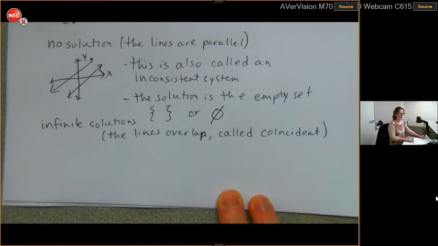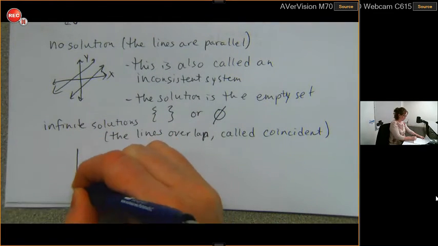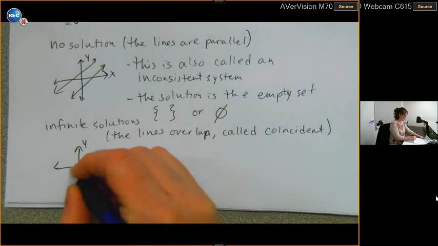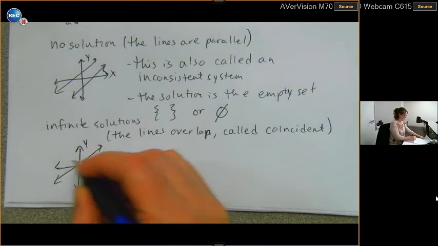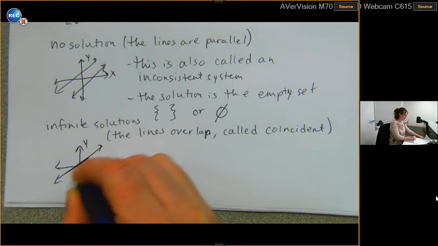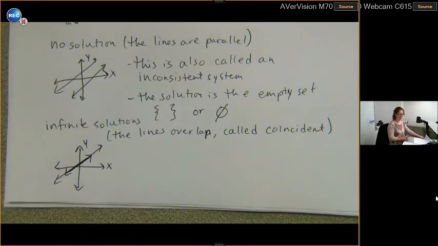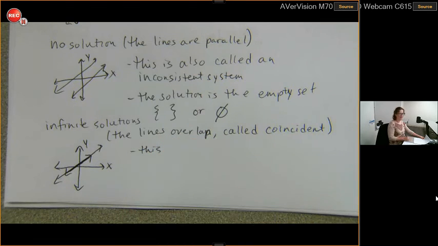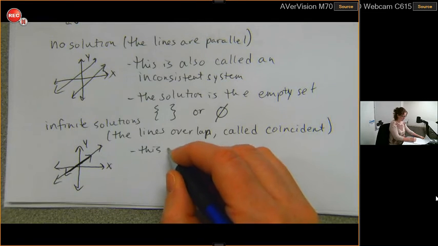When you graph, it's going to look something like this. So you graph one line, and then when you graph the other line, it ends up just right over the top of the first line that you drew. So they're in the exact same spot. This is also called a consistent system with dependent equations.